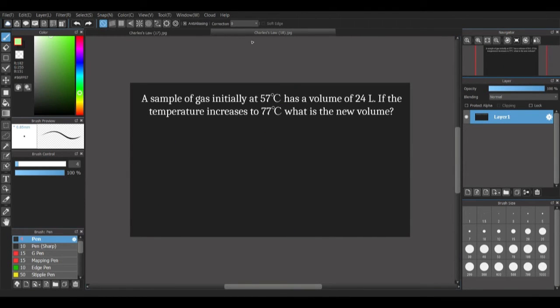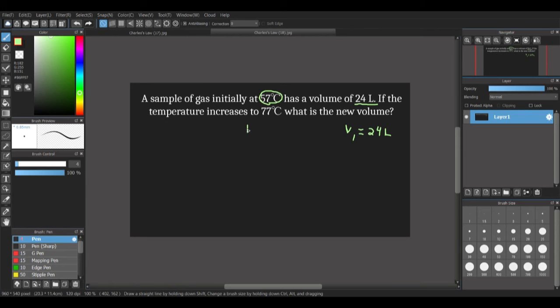For our second example, we have a sample of gas initially at 57 degrees Celsius that has a volume of 24 liters. If the temperature increases to 77 degrees Celsius, what is the new volume? So we're told that our initial volume is 24 liters. Now, we have a problem. Our initial temperature is in Celsius.